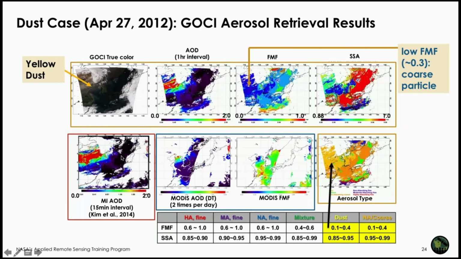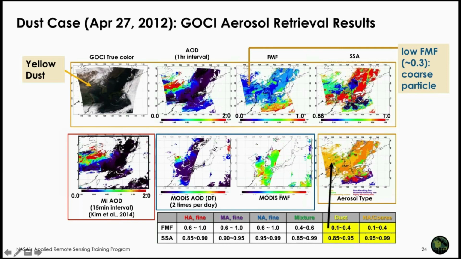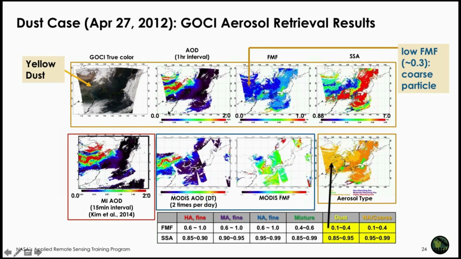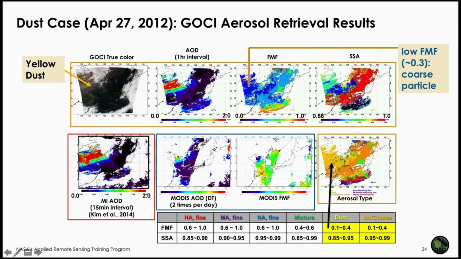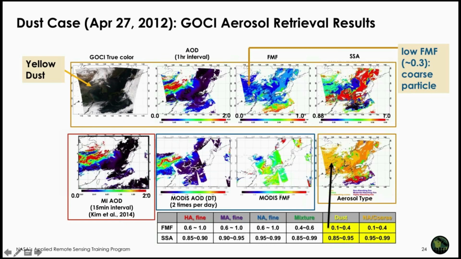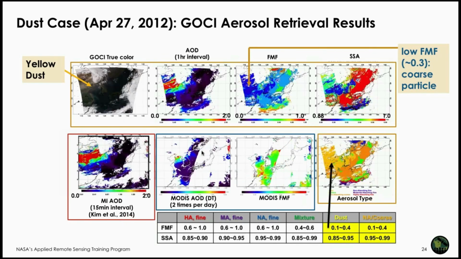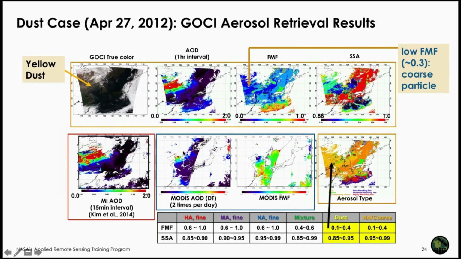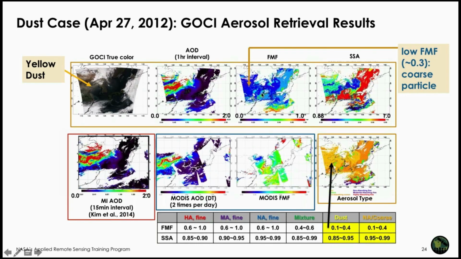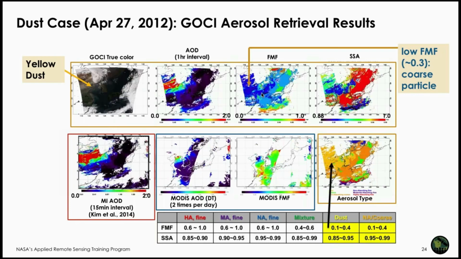So we can see a smoother change of aerosol transportation from MI, and 1-hour temporal resolution from GOCI. But MODIS has 2 measurements per day from Aqua and Terra, so there are only 2 scenes during a day. This aerosol plume shows a very low fine mode fraction, about 0.3.